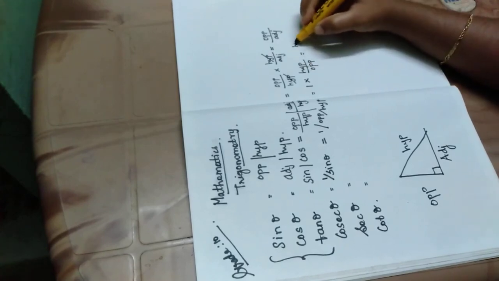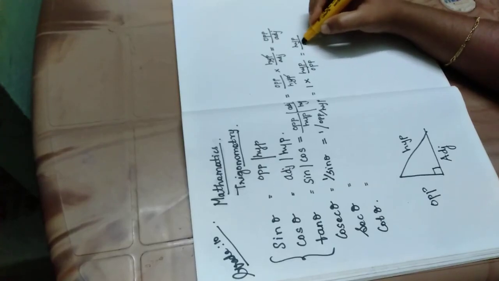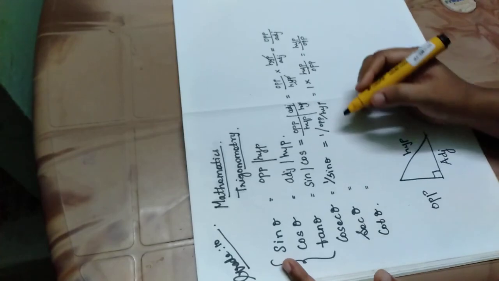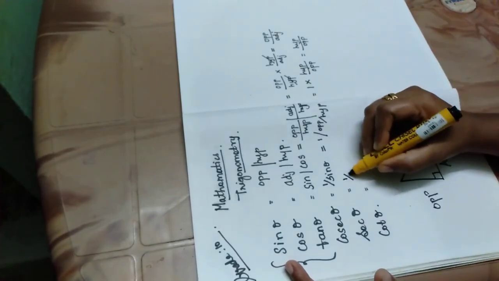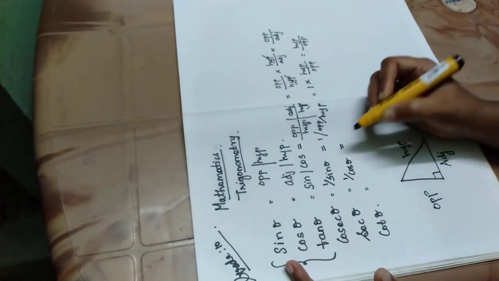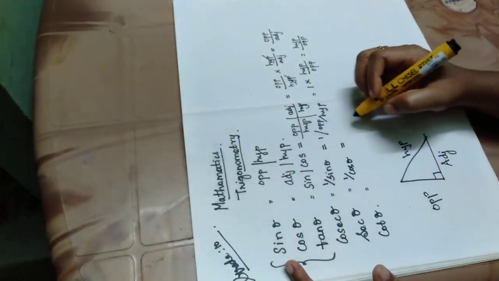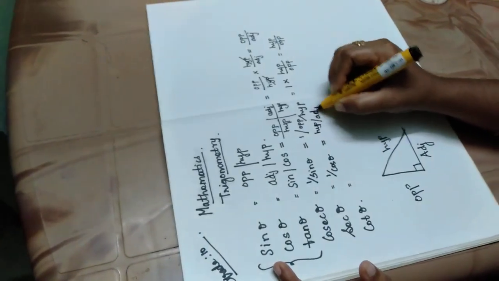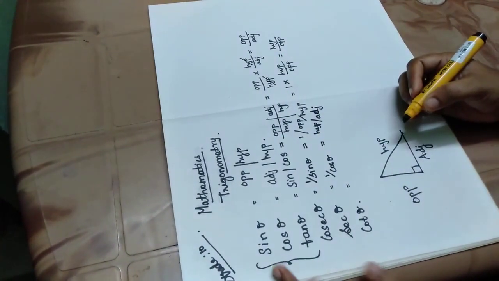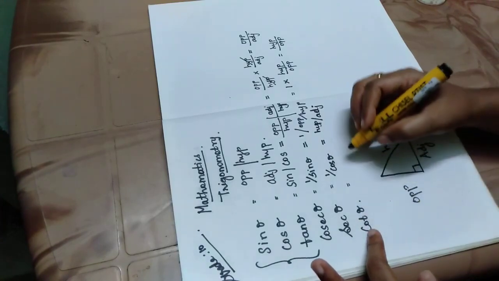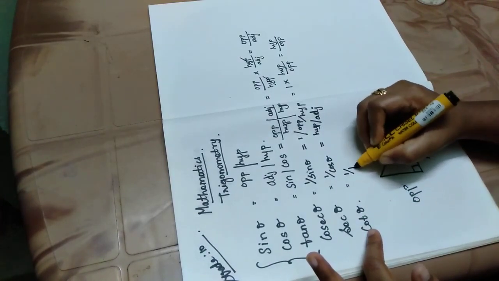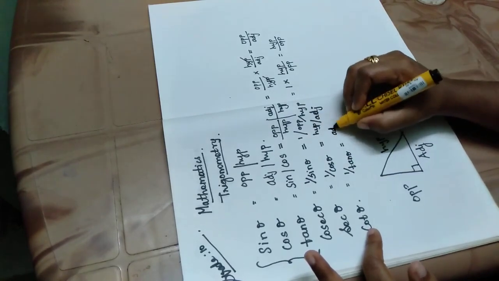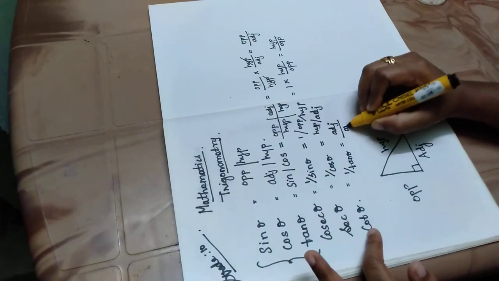So it is just the reciprocal of sin theta. Secant theta is 1 divided by cos theta, the reciprocal of cos theta, that is hypotenuse divided by adjacent. Cot is 1 by tan theta, which is the reciprocal, adjacent side divided by opposite side.